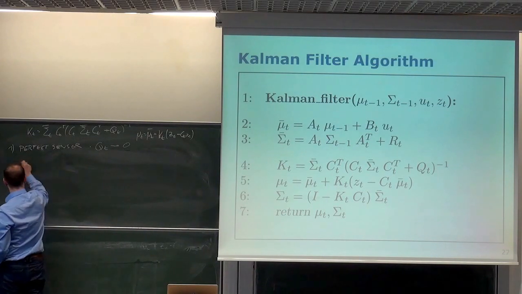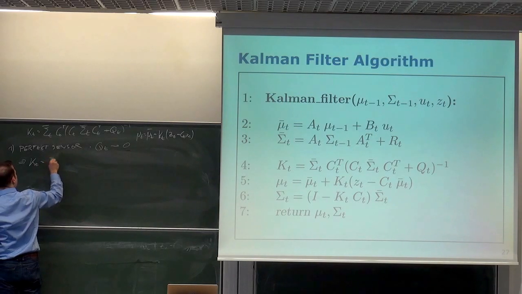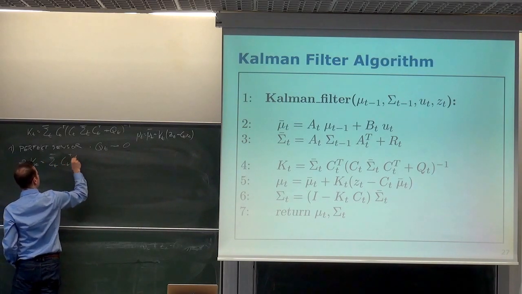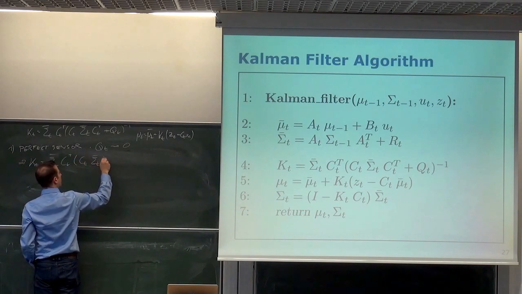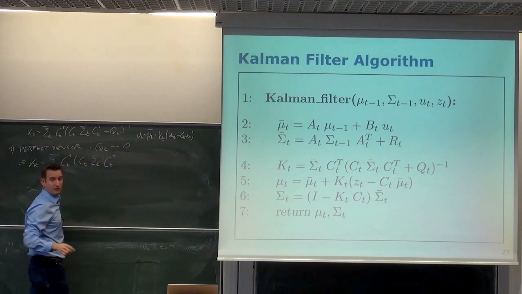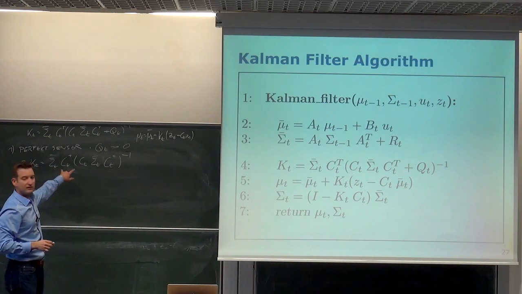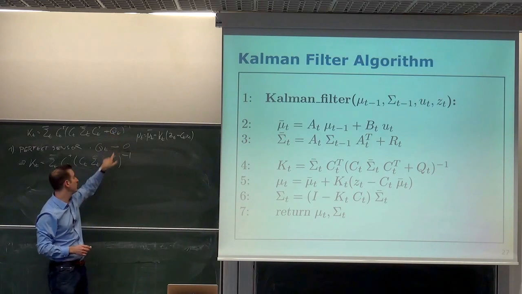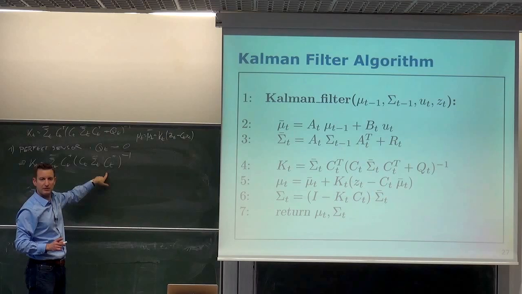If this is 0, what it implies is that the Kalman gain simplifies. So this term is 0 now, inverted, right? It simplifies to this term. If QT is 0, this guy is 0, we end up here. Okay? Everyone happy with that?